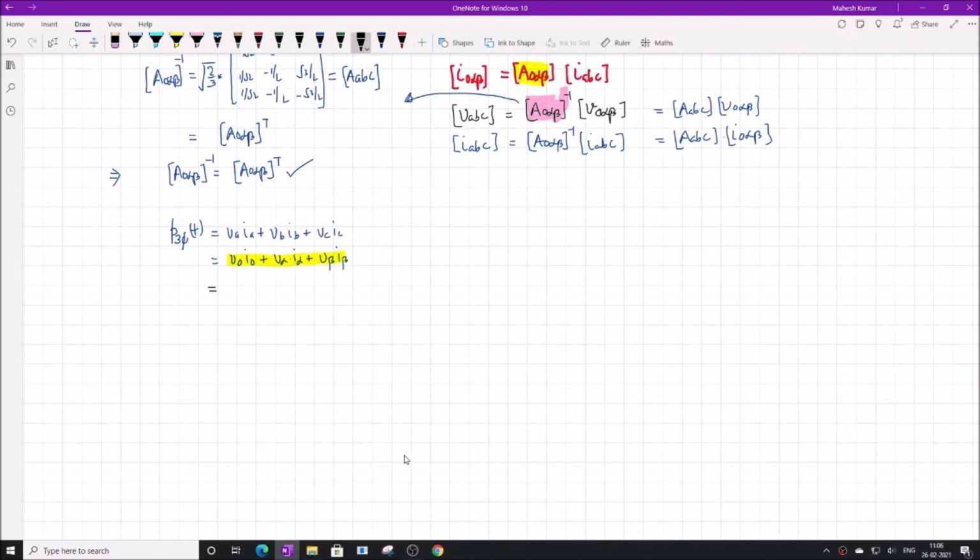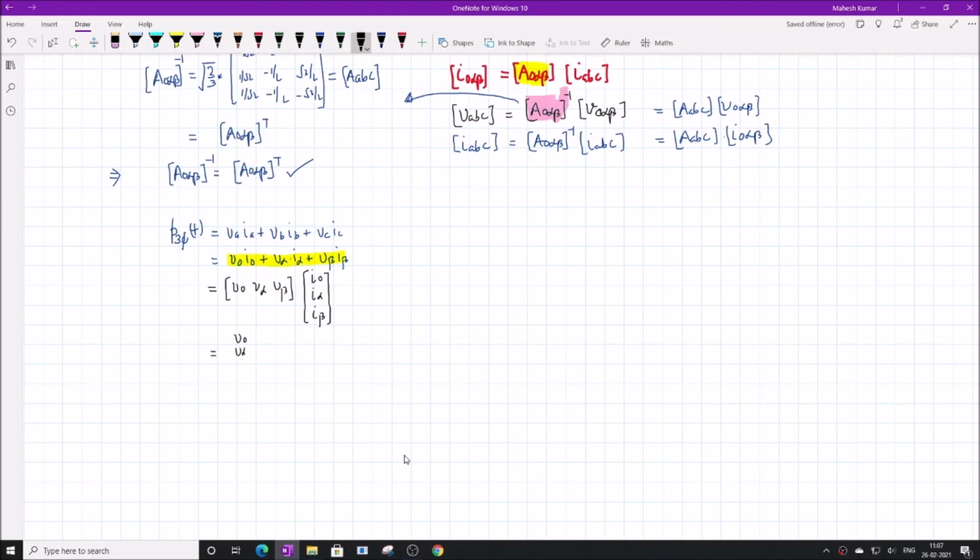This can be written in this form: V0 V alpha V beta, this into I0 I alpha I beta.